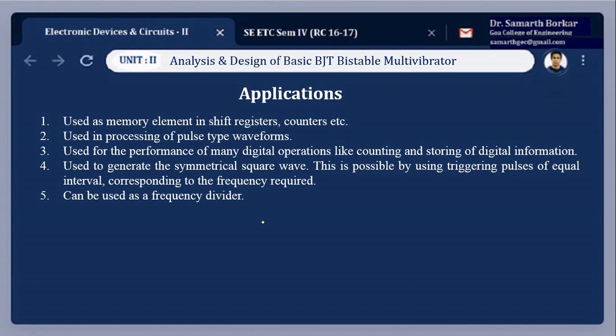It is used for many digital operations like counting and storing of digital information. It is also used to generate a symmetrical square wave, which is not practically possible with an astable multivibrator. And how can we do that?